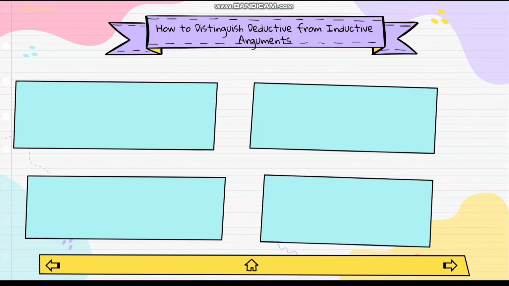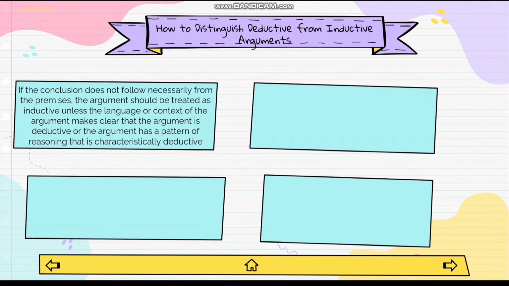How to distinguish deductive from inductive arguments? If the conclusion does not follow necessarily from the premises, the argument should be treated as inductive unless the language or content of the argument makes clear that the argument is deductive, or the argument has a pattern of reasoning that is characteristically deductive.